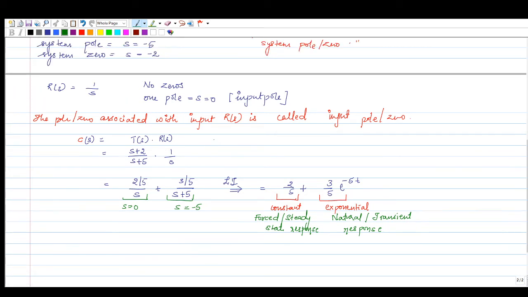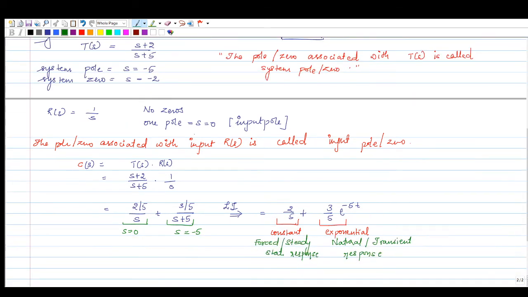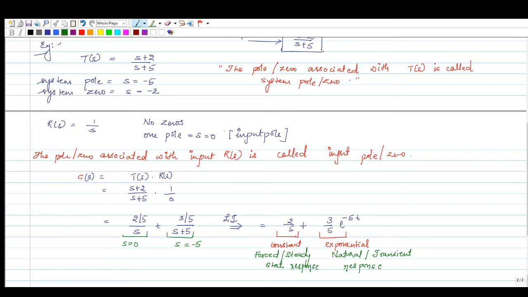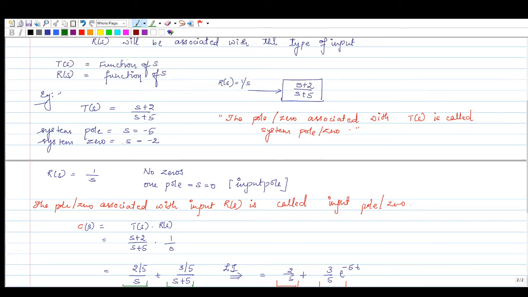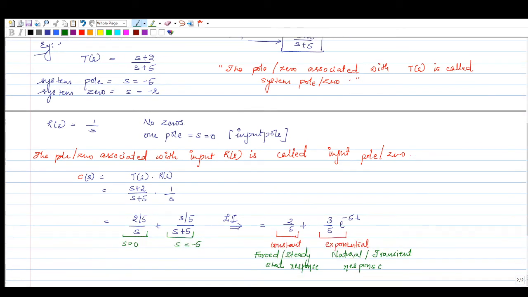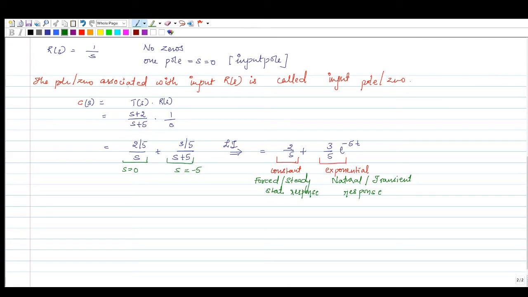We've seen in the previous video that s is equal to 0 is the input pole and s is equal to minus 5 is the system pole.